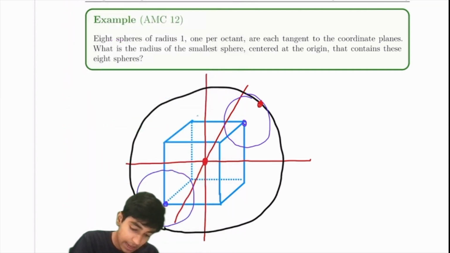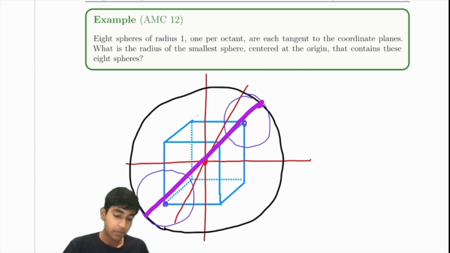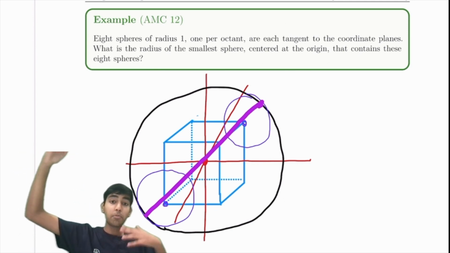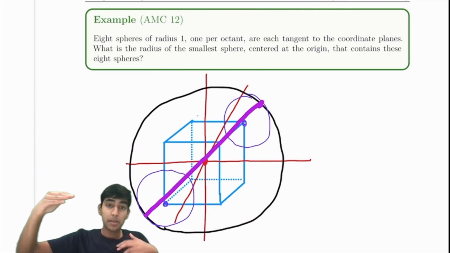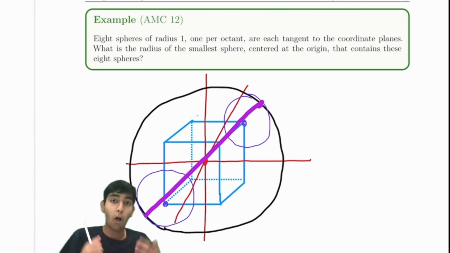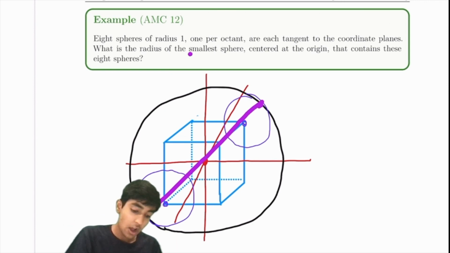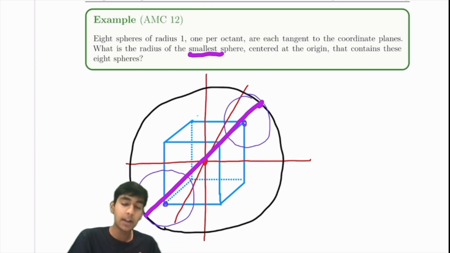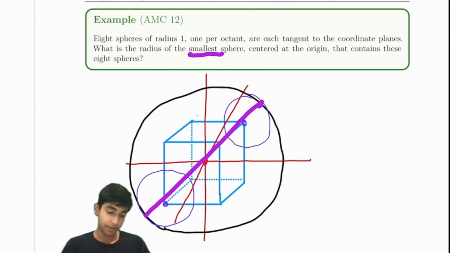That's going to have to be the diameter of the sphere. Because that's the maximum distance between 2 points on the smaller spheres, that has to be the diameter of the biggest sphere, so it's as small as it can be. It's the biggest sphere, but we're asked for the smallest sphere that can contain them. So it's still the biggest sphere, it's just asking what is the smallest possible radius of this biggest sphere.